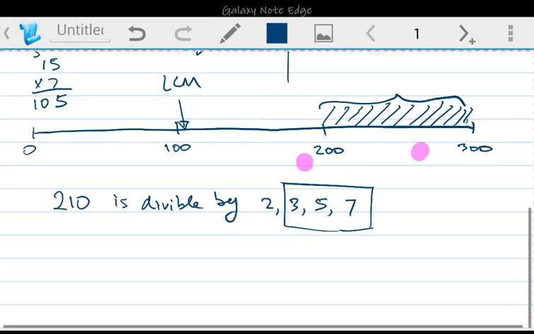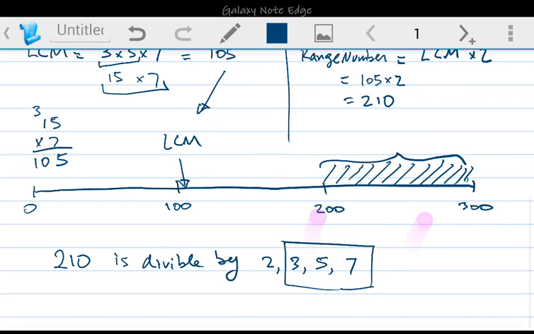But in order to answer the question, we have to multiply by 2, because if we just take these 3, 5, and 7 and obtain the least common multiple, it's outside of the range. So we are still satisfying the question and the requirements by multiplying the number by 2. So that is the answer to this question 4C.